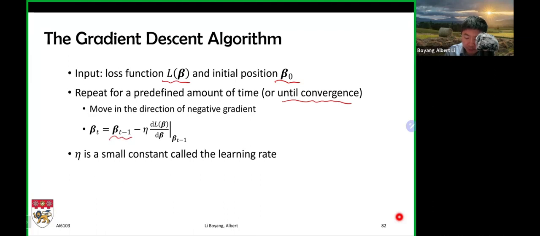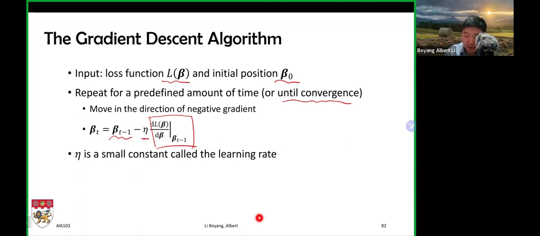We have the current beta value, which we would call beta t minus 1. And we have the gradient value, the derivative of L computed with respect to beta, so differentiating L against beta, and this derivative is evaluated at the position beta t minus 1. Okay, so this is the gradient.